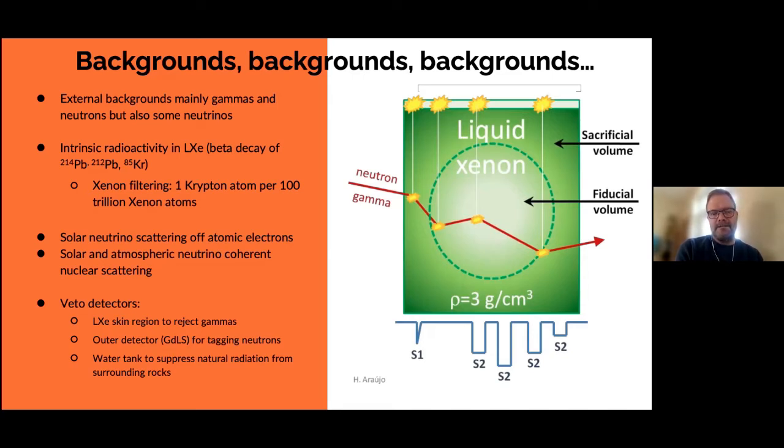That way you can reject such backgrounds from neutrons or gammas. So here's a sketch of a neutron that would bounce around the tank and give you repeated signals. Based on that, you could reject it, because dark matter would really just give you one interaction and one interaction only.